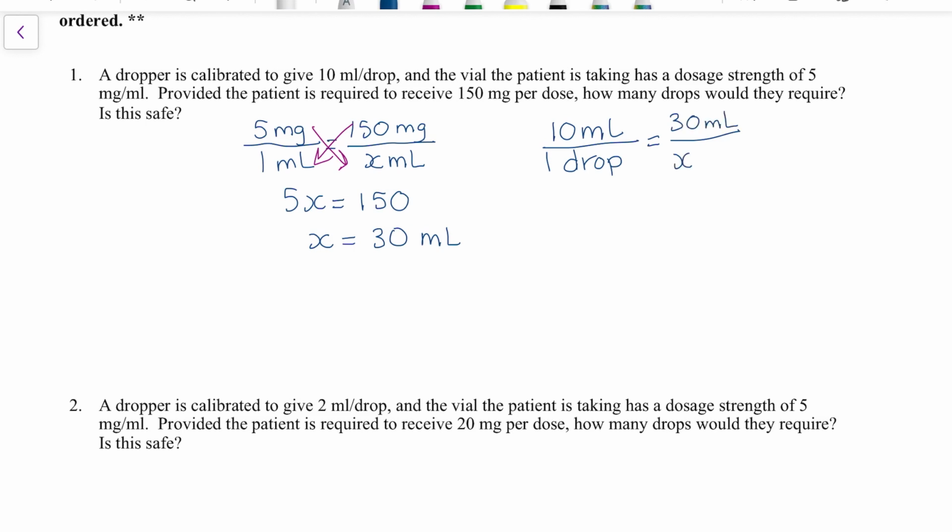So how many drops? So you almost need to do it twice. And again, some of you can probably look at this and say, well, I know exactly how many drops, but I'm just showing you the math in case it's not as easy to see. Okay, again, I'm going to cross multiply here, and I get 10x equals 30, so x equals 3.